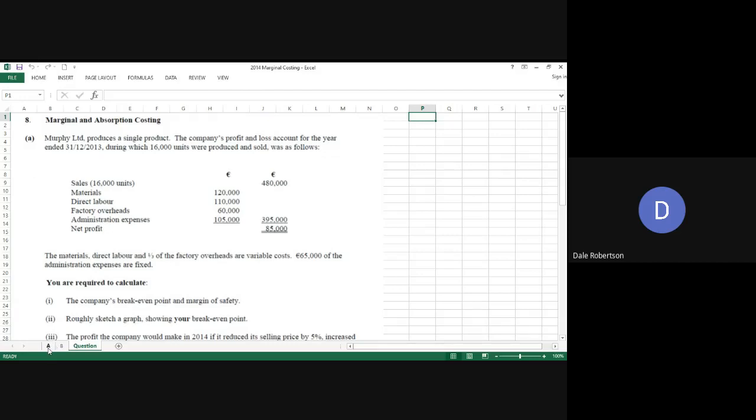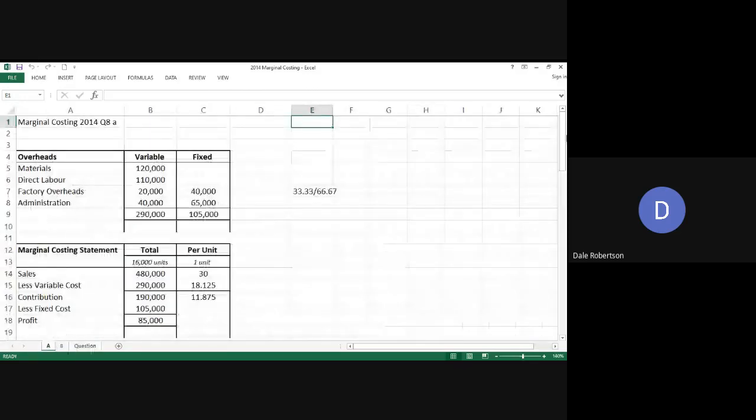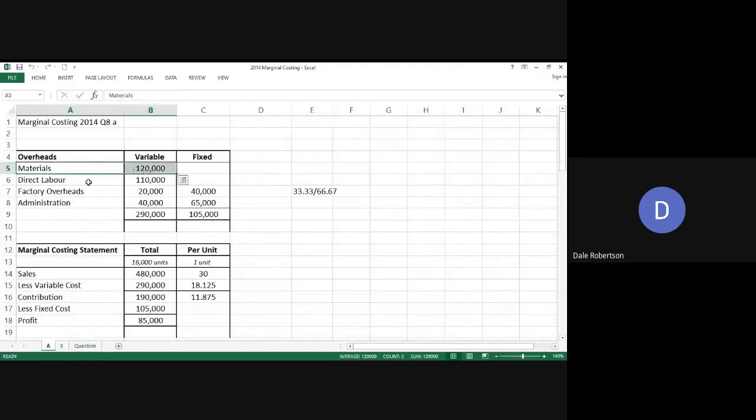First off, you have got the setup now. So, as the question said, the materials, the direct labor, and 1/3 of the factory overheads are variable costs. So therefore, those three can go in as variable costs. Now, 1/3 of 60,000 is obviously 20,000.